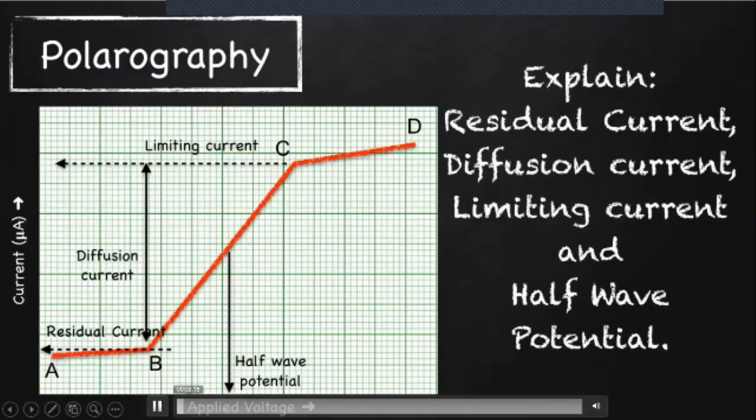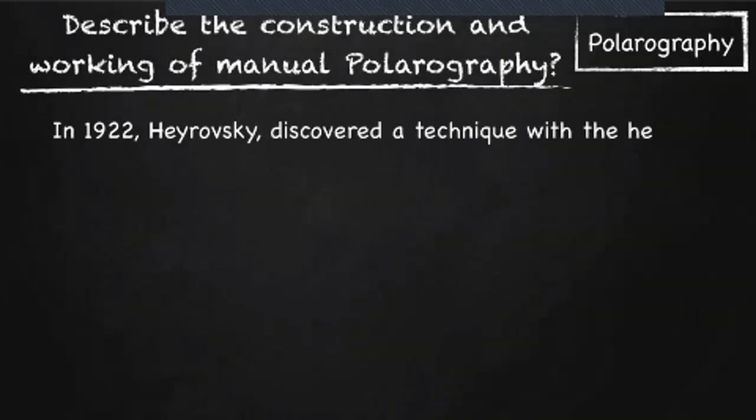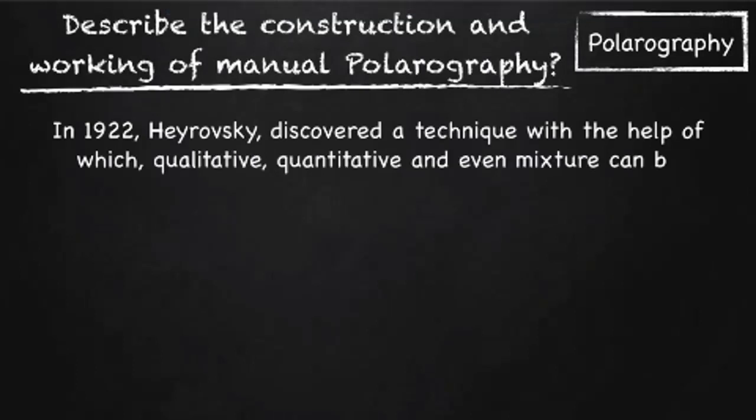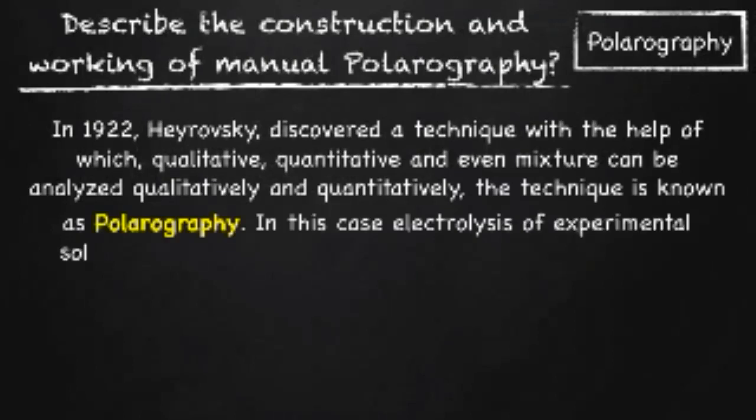Explain residual current, diffusion current, limiting current, and half-wave potential. In 1922, Heyrovsky discovered a technique with the help of which qualitative, quantitative, and even mixtures can be analyzed qualitatively and quantitatively. The technique is known as polarography. In this case, electrolysis of the experimental solution is done.